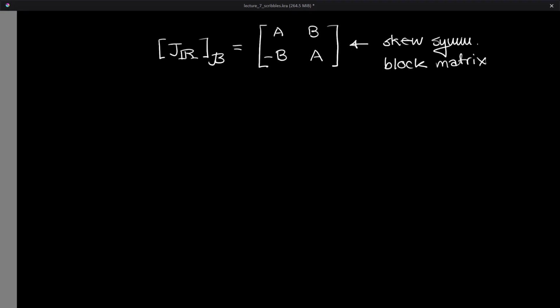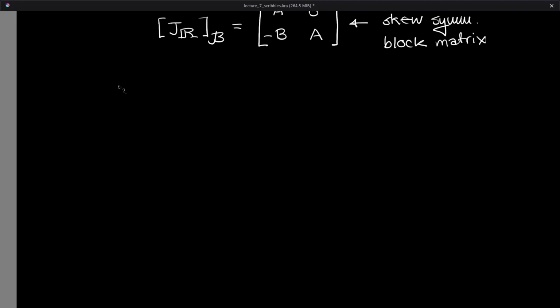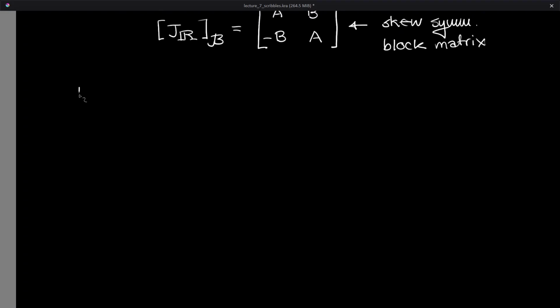It's a bit of a calculation, so let's start with that. We're basically going to start diagonalizing this matrix. So let's say we have A, B, minus B, A, and you would need to do the computation in order to figure this out.